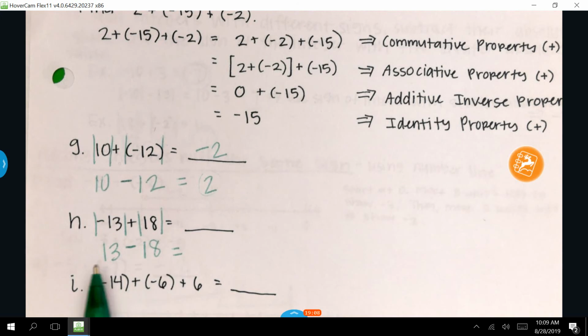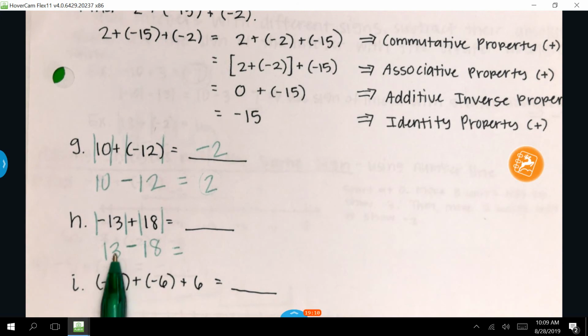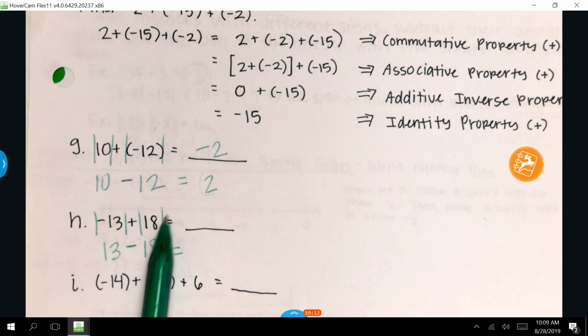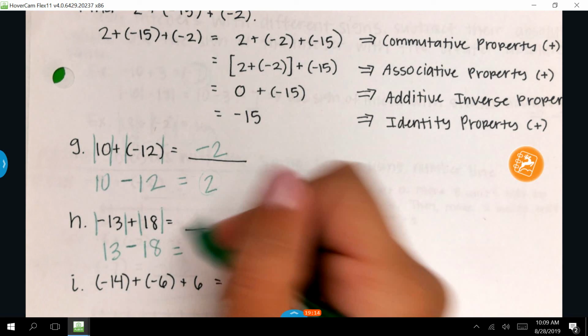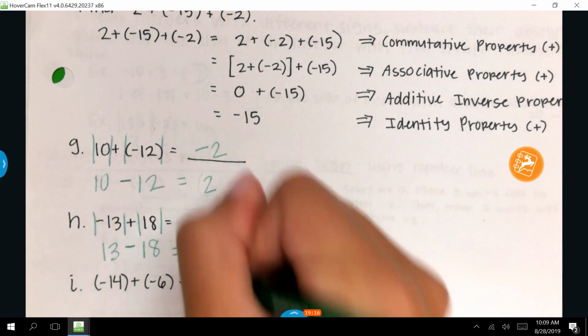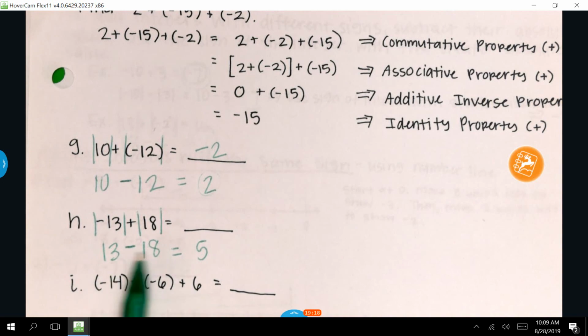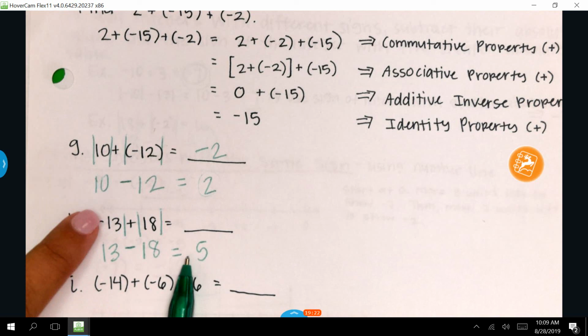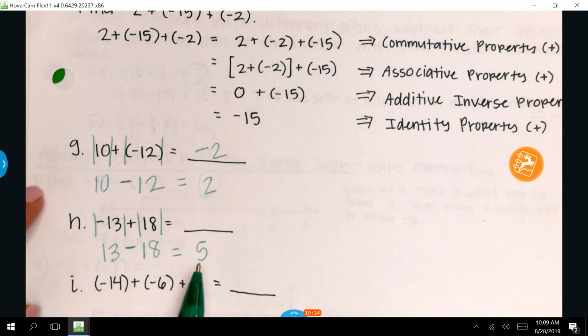But remember, the only reason we're subtracting 13 and 18 is because we took those absolute values. So 13 minus 18, we're just going to always have a positive number when we're subtracting or adding those absolute values. Because the answer, you've got to find out if it's positive or negative from this original problem.